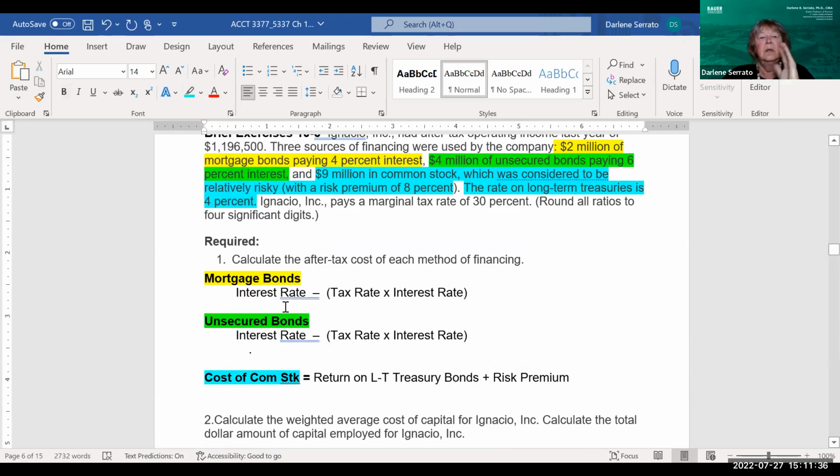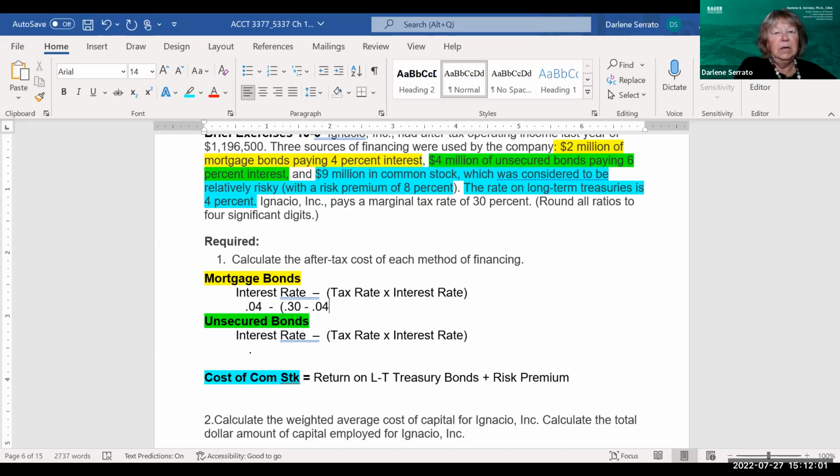Okay. So the interest rate for bonds is 0.04 minus 30% times 0.04. Okay.